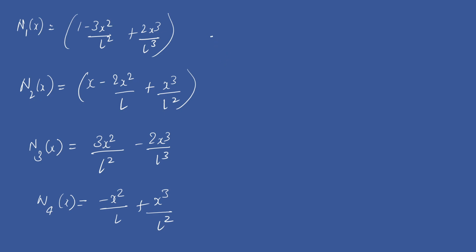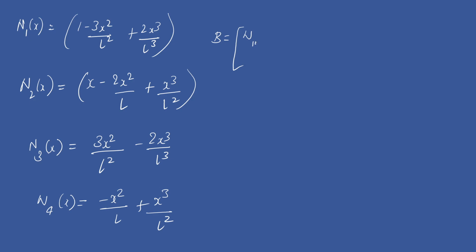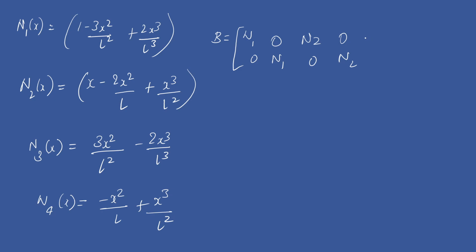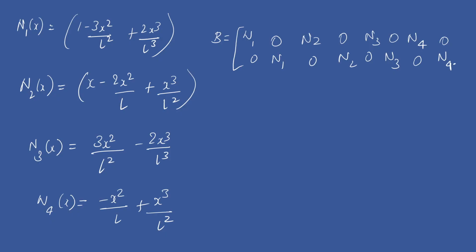The B matrix for your two noded element having 2 degrees of freedom each is given by N1 0 0 and N2, then, sorry, this is again N1, then N2 0 0 and N2, and N3 0 0 and N3, and N4 0 0 and N4.